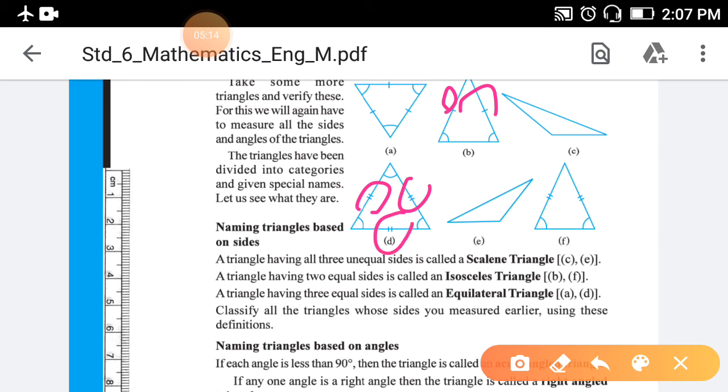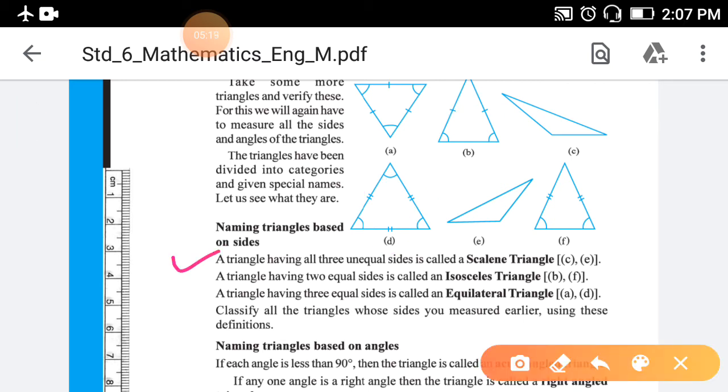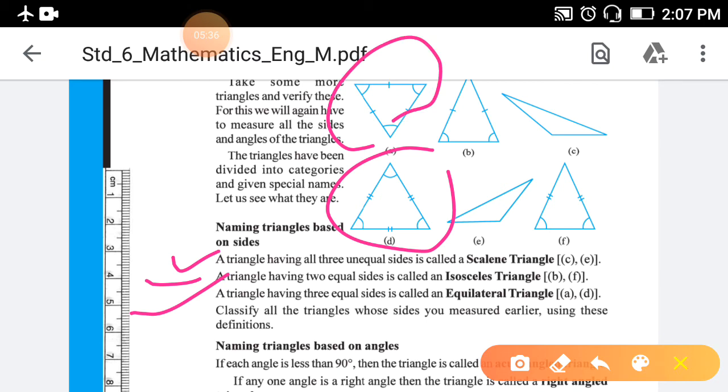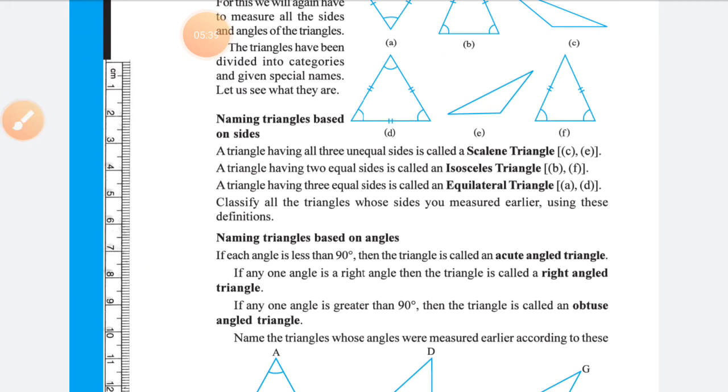It means all three lines are the same. So first one, lengths of all sides are different, then it is a scalene triangle. Second one, a triangle having two equal sides is an isosceles triangle. And a triangle having all three sides equal is an equilateral triangle, figures A and D. That is based on the sides.